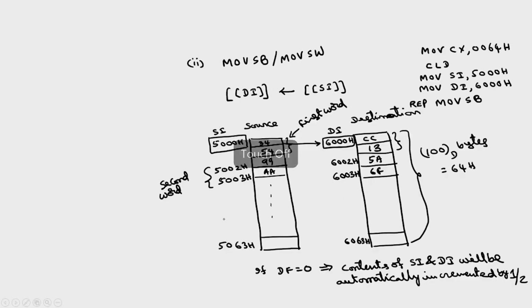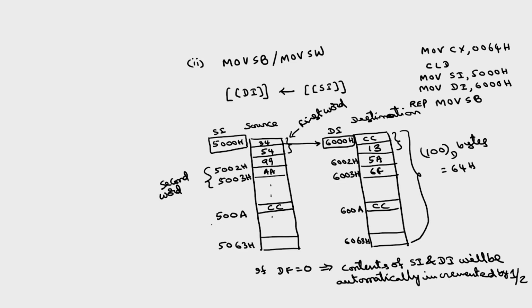If I take the same example, suppose somewhere here you have the data, say this is 5000 A, this is 6000 A. If this is having some CC, this is also having CC, then in this case, this operation will be stopped when these two are equal.